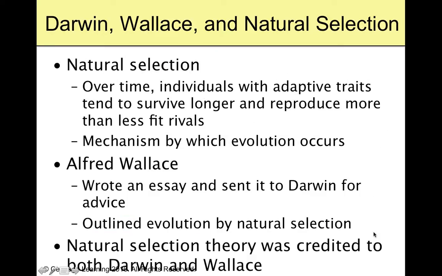Very different. So, we call this idea natural selection, that nature selects for certain traits based on who dies, who survives, who breeds successfully, and who doesn't. And so the idea is that over time, the individuals with the adaptive traits that are beneficial will survive longer and probably make more babies than their less fit rivals who would be out of the picture.